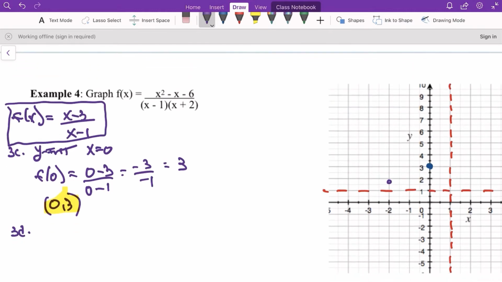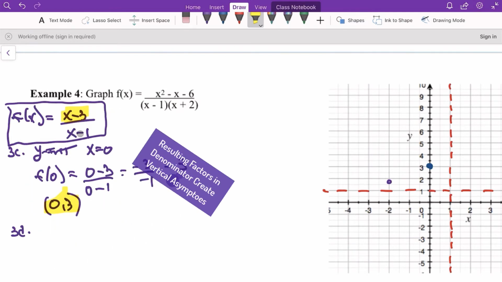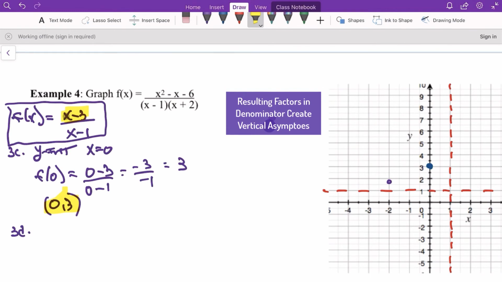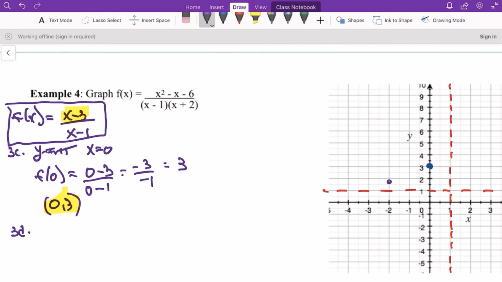So all we need to do to find the x-intercept is just use the numerator. The denominator here is x minus 1. The denominator was used to find the vertical asymptotes. Now the numerator is going to be used to find the x-intercepts. If we do the x-intercepts, what you do is set your numerator.